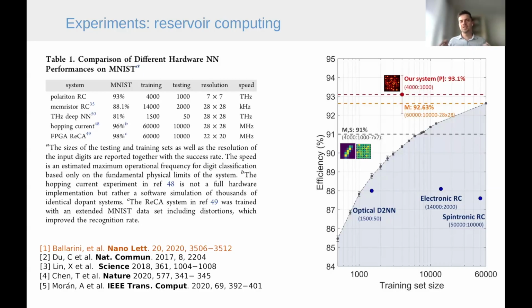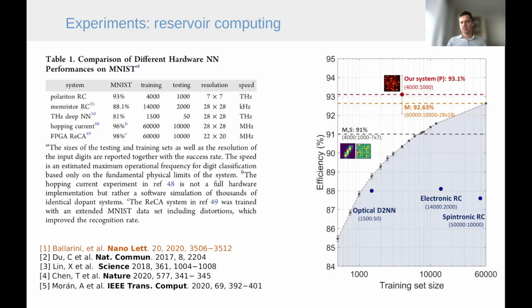It's called in silico. You can just perform the training on the computer, simulating the experiment, and hoping that your model is sufficiently precise so that when you transfer your trained weights to the experiment, everything will work fine.